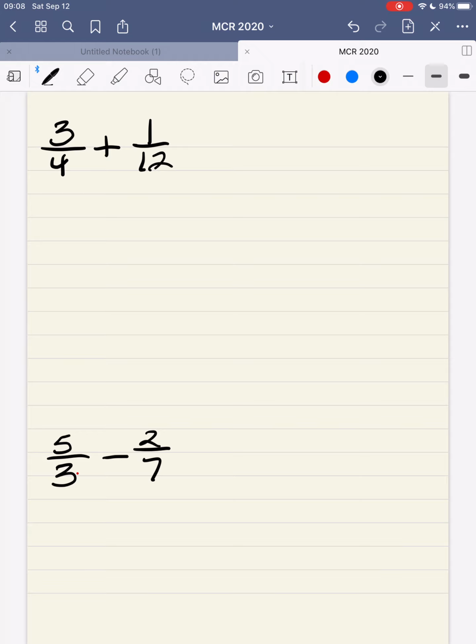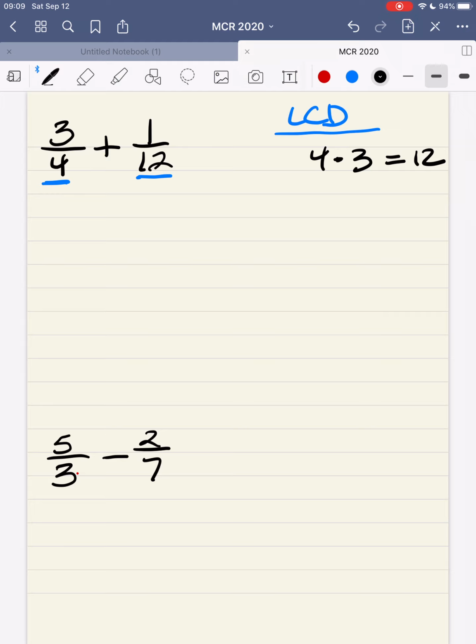So here I have a 12 and I have a 4. Now I know if I'm looking for something called my LCD, which is what we called getting common denominators, my lowest common denominator, I want to see if I can multiply the 4 by something to get to 12. In this case, if I take my 4 and multiply it by 3, I get 12.